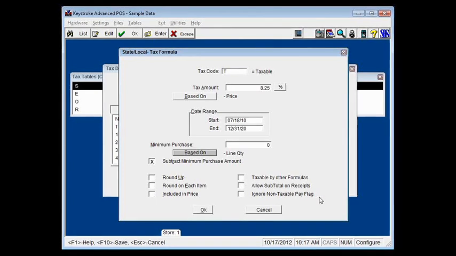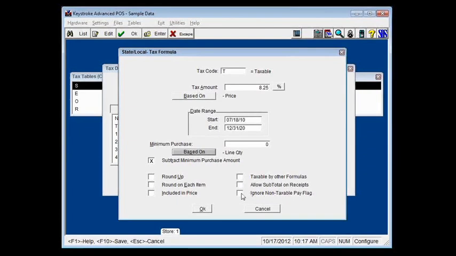And the ignore non-taxable pay flag is related to things that are taxable depending on how you pay for it. For example, items may be generally taxable, but if you pay for it with an EBT card or food stamps, it might not be taxable.